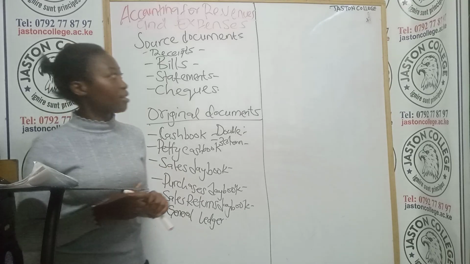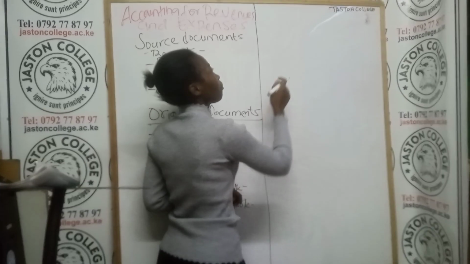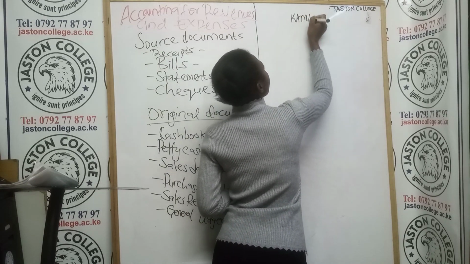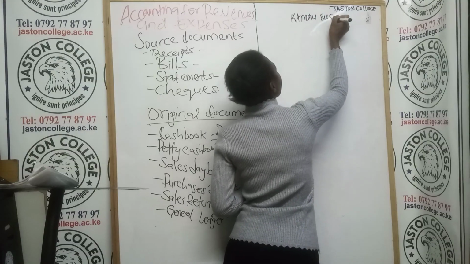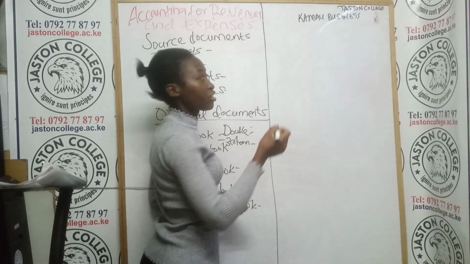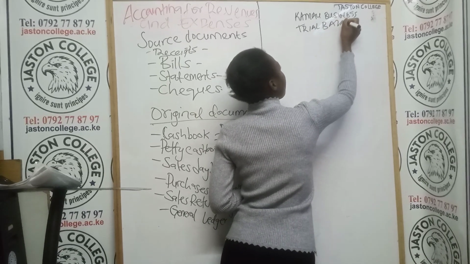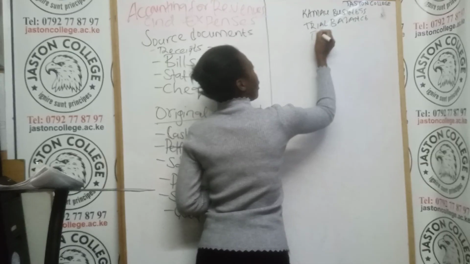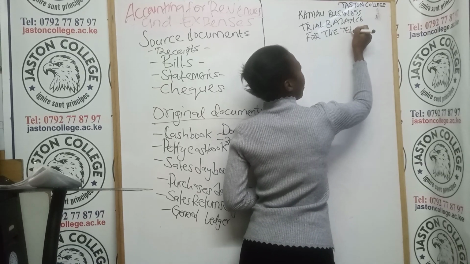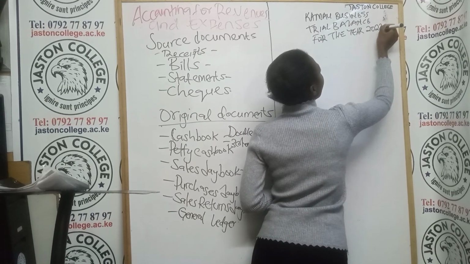Yeah, the trial balance. Let's say our business has, let me give an example, Kamau business. This is our ledger. We call it trial balance, let's say for the year 2022.